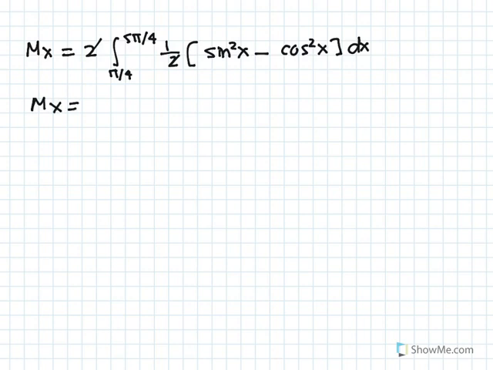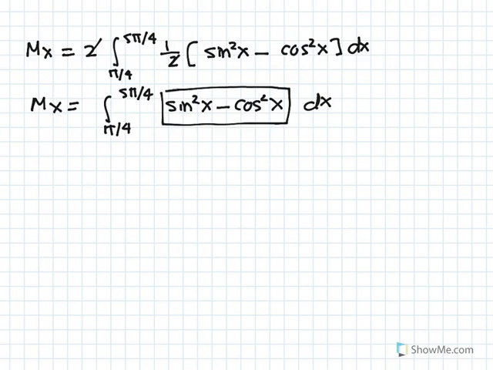the moment with respect to the x-axis is equal to the integral from pi over 4 to 5 pi over 4 of sine squared x minus cos squared x dx. Now, how can we simplify this to make the integration easier? Well, we can apply a trig identity.